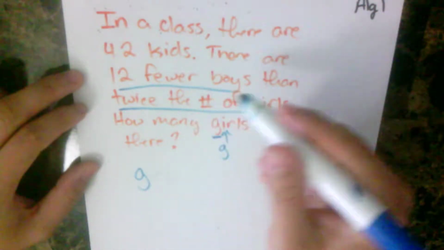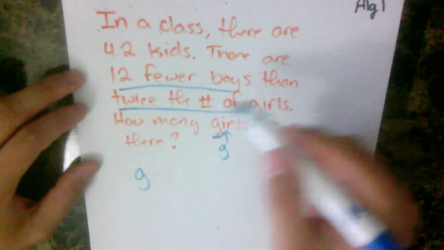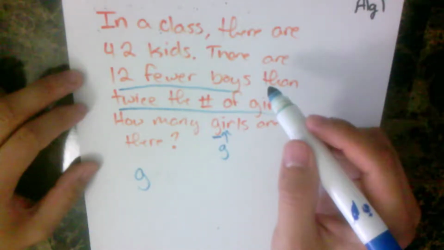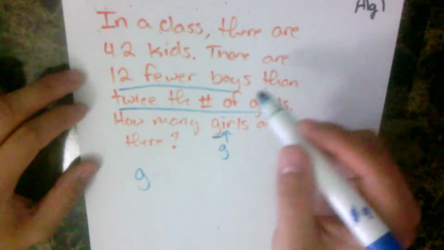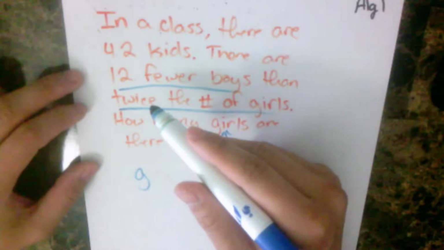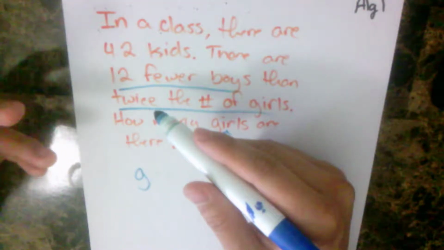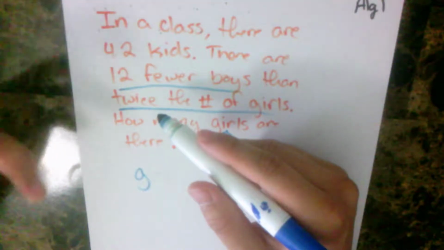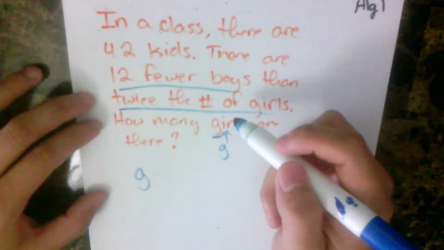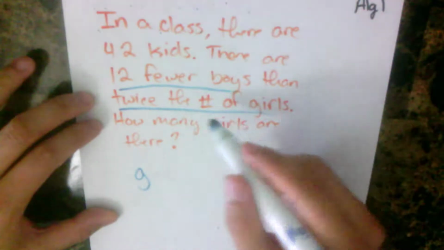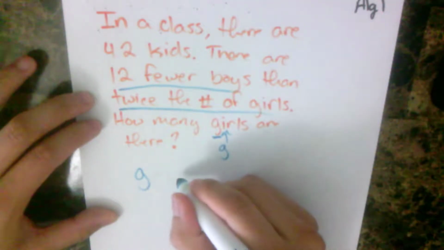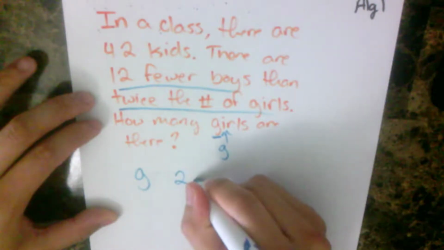So I know that I'm going to have something subtracted by 12. Then twice the number of girls. It's not just the number of girls, it's twice the number of girls. And twice, on that chart on page 9, is multiplication. Twice means double, so we're going to do 2 times the number of girls. So 2 times girls.